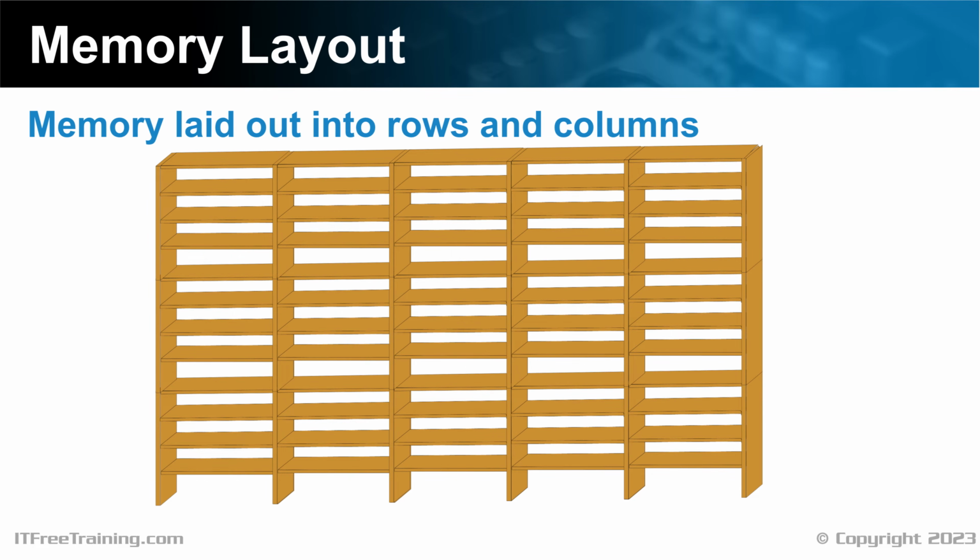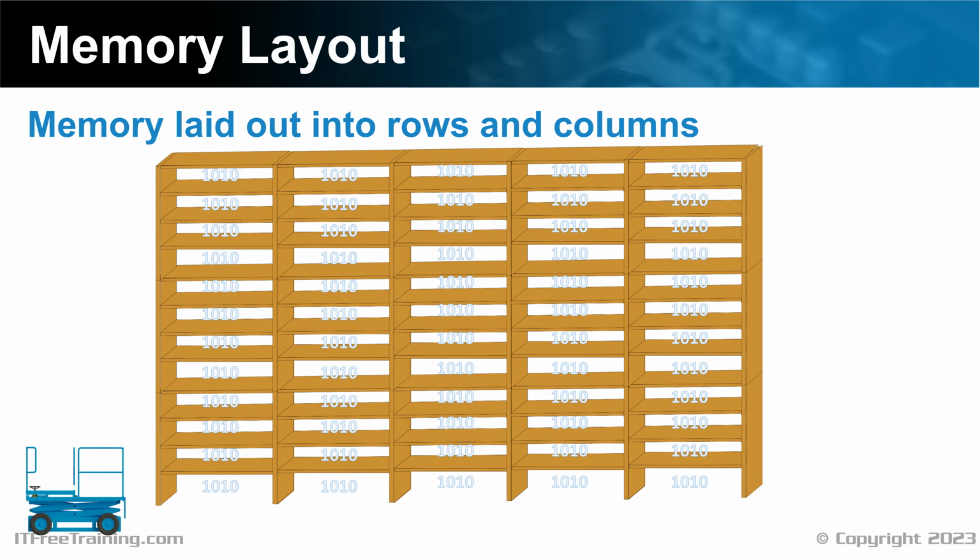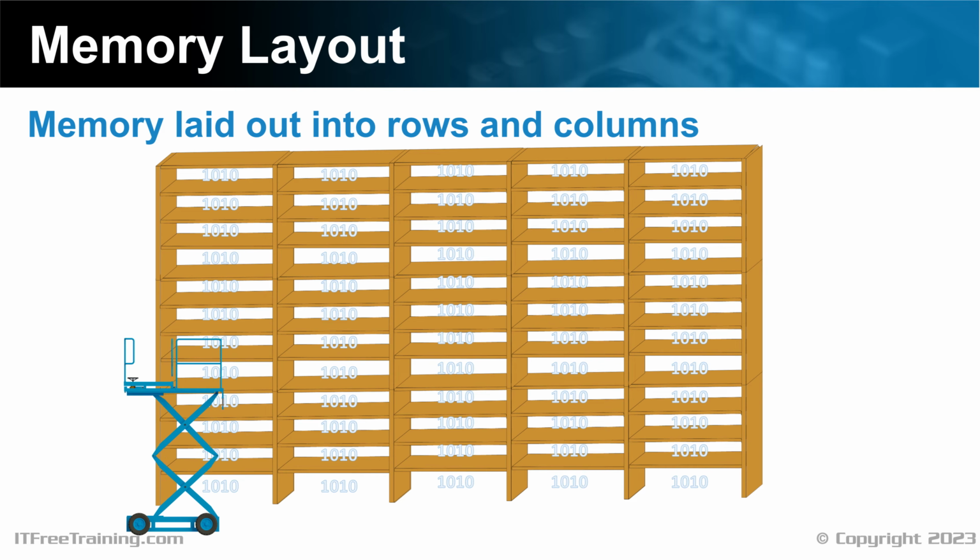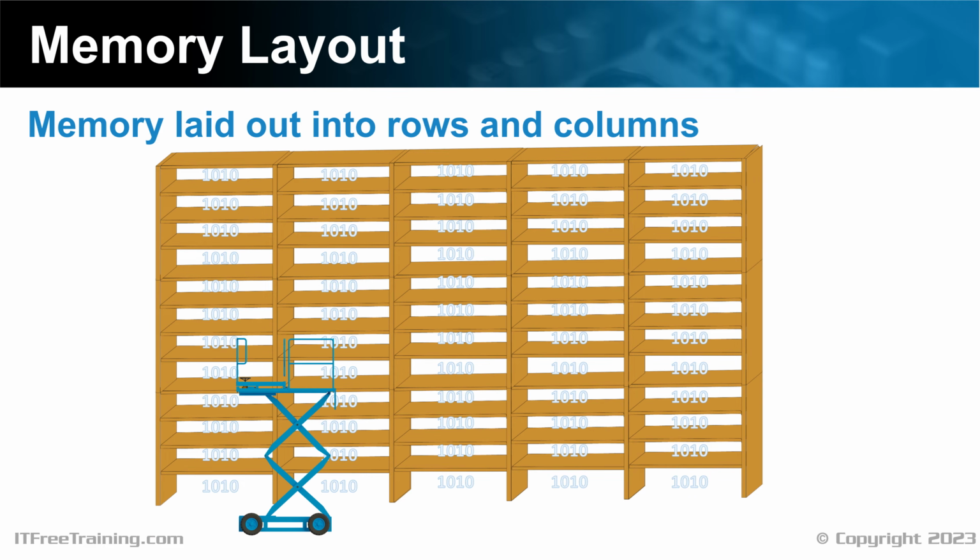In this example, we will consider that each individual shelf contains 4 bits. In order to get to the shelf, we use a scissor lift. To reach a row, we first need to move the scissor lift to the required row. Once this is done, we next need to move the scissor lift across until we get to the shelf. Once at the shelf, we can access everything on the shelf, which in this case is 4 bits of data.